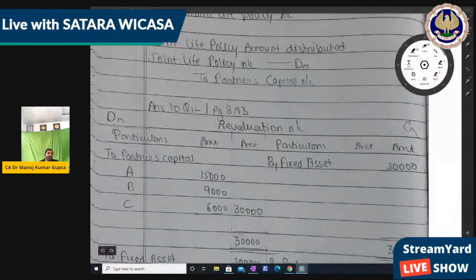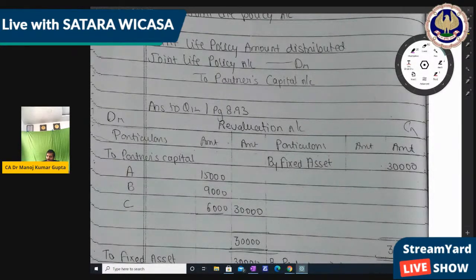So once we pay the premium, it is P&L account debit to cash or bank. Once we receive the joint life policy money, it is bank account debit to joint life policy account, which will be distributed to all partners. So joint life policy account debit to all partners in the same ratio. And if we already have a joint life policy account, we make the ledger and get the balance from the ledger. Only that will be distributed.